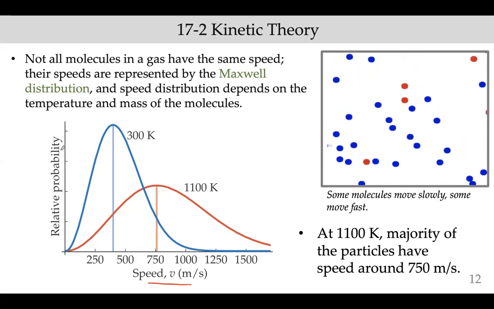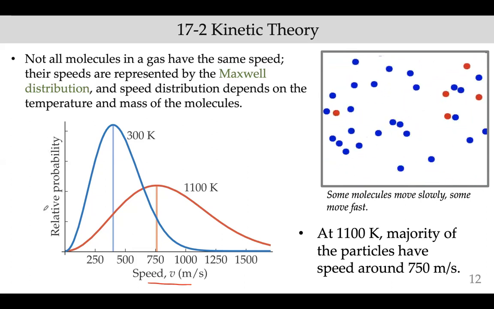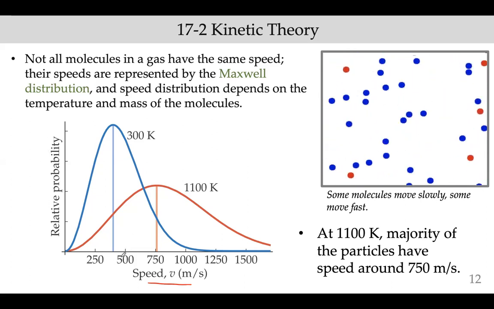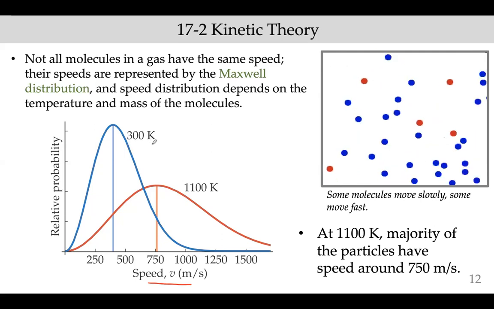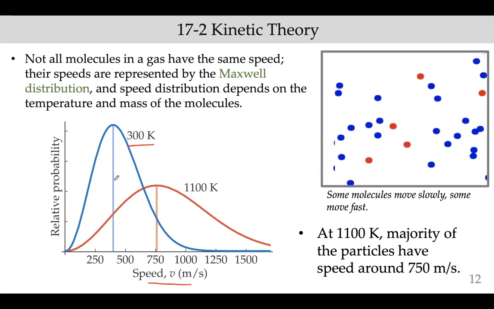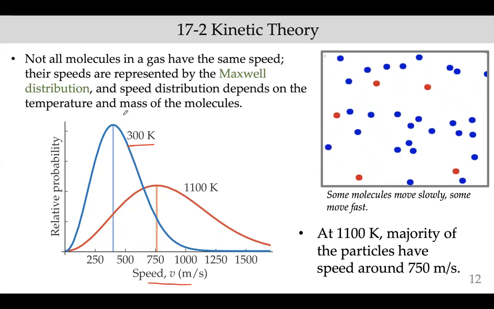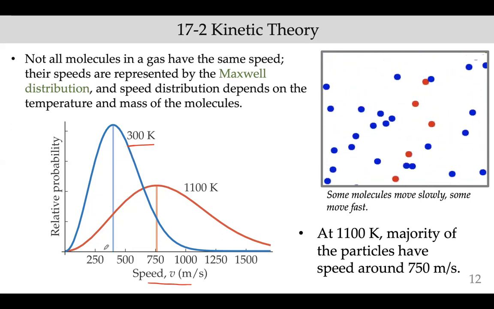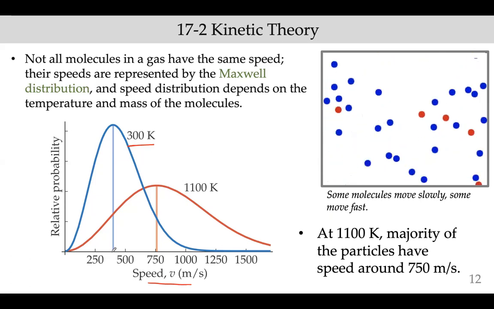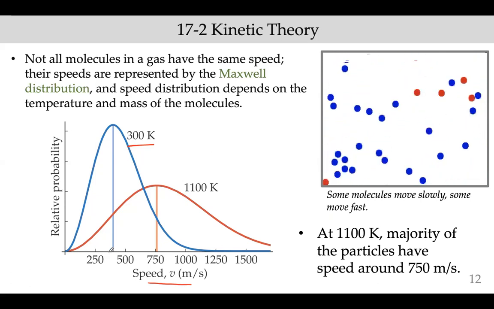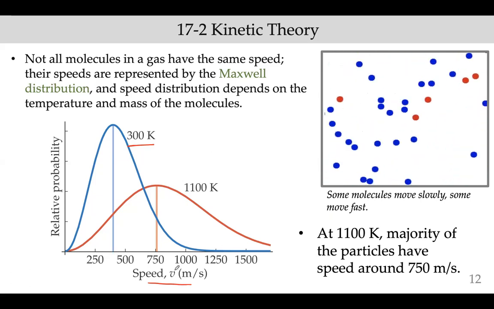You can think of it as the number of particles at a given speed. For example, if the temperature is 300 K, about room temperature, you can see that most of the particles have a speed of about 300, 400 meters per second.